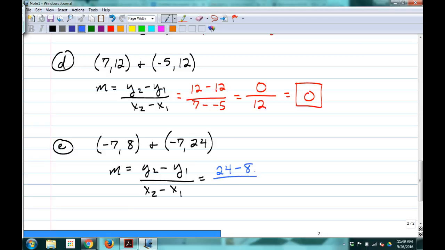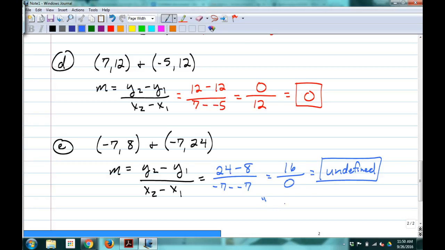That's a little more natural to subtract than 8 minus 24 is. And then on the bottom, -7 minus -7. So that'd be 16 over 0. Can we divide by 0? No. So that's undefined. Which means that the line looks like what? Vertical line, straight up and down. Okay.